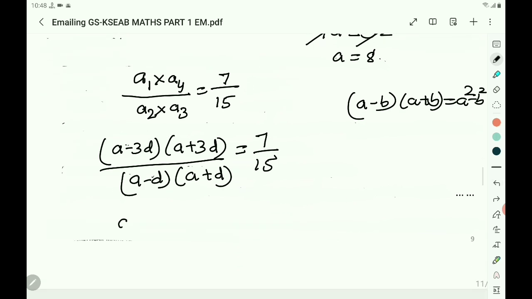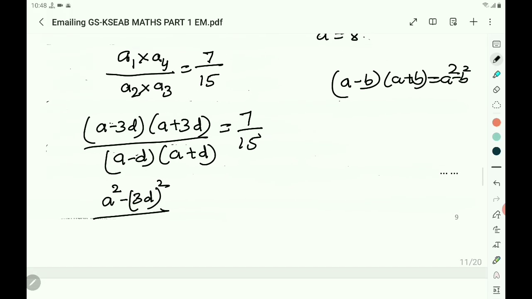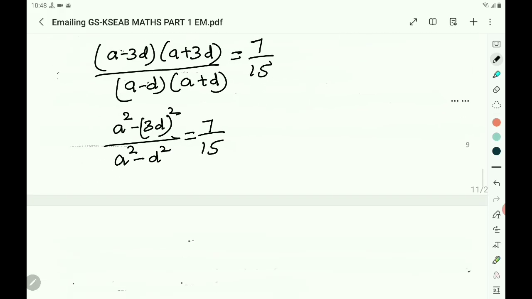Then you write square of the first term, A square, minus square of the second term, 3D whole square. Here also you can use the same identity, square of the first term minus square of the second term, equals 7 by 15.